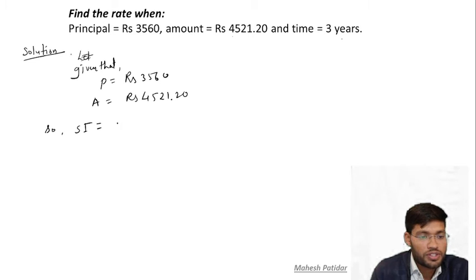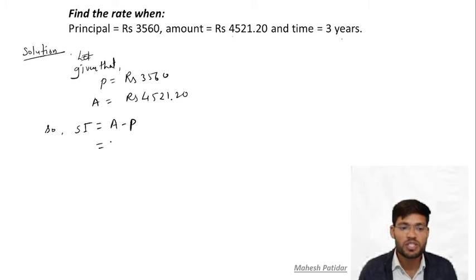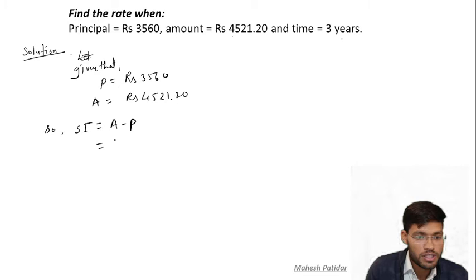So simple interest is equal to amount minus P, because when we deduct the principal from the amount, we get simple interest. So amount is 4521.20.